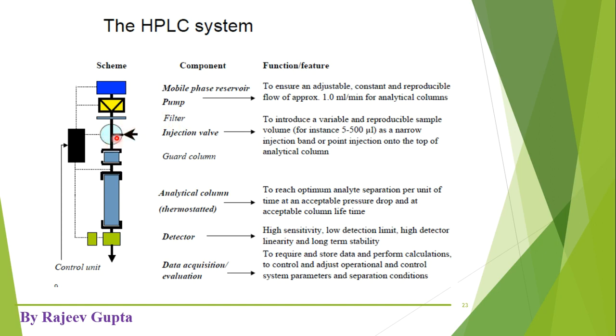Then we see the sample injection valve or sample injection port, inside which we introduce our liquid sample. Generally the volume of sample will be 5 to 500 microliters. So this is the range of our sample volume. So it is very low volume.